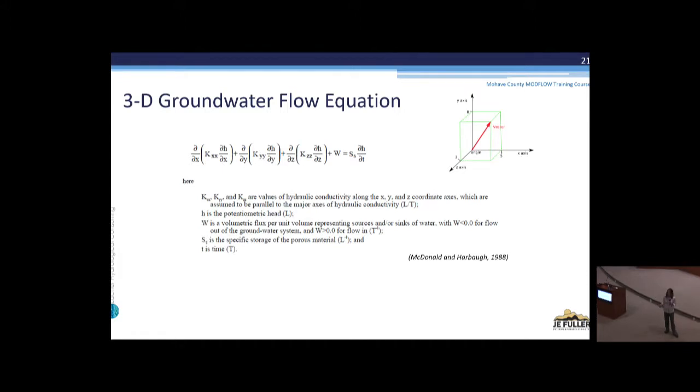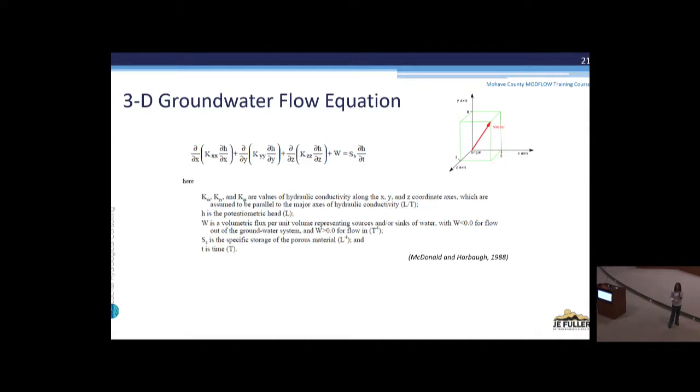So often, in an aquifer, you have something called anisotropy, big word, but it just means that it's easier for groundwater to flow in one direction than another. And often, it's easier for groundwater to flow horizontally than it is vertically. Why? Because sediments are laid down in a more or less horizontal way. So there's kind of a natural tendency for groundwater to flow in one direction.